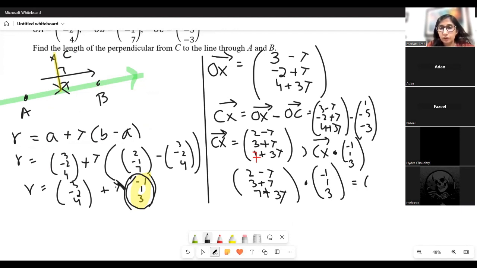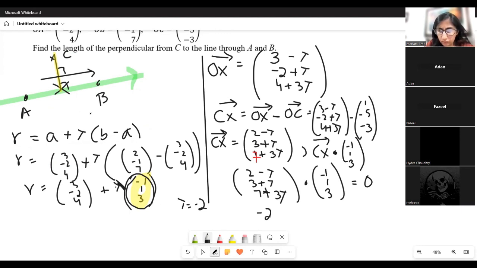And equate it to 0. And we should equate this to 0. And the answer should come out to be minus 2. Let's see if we get that or not. Lambda should come out to be minus 2. I'm just writing it here.